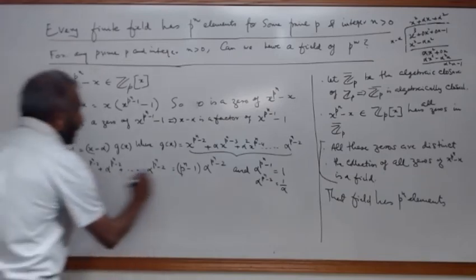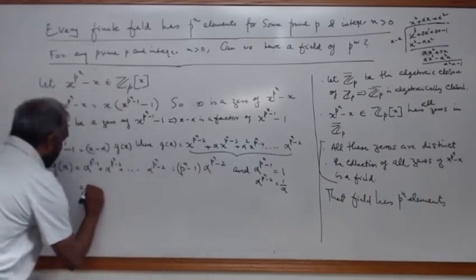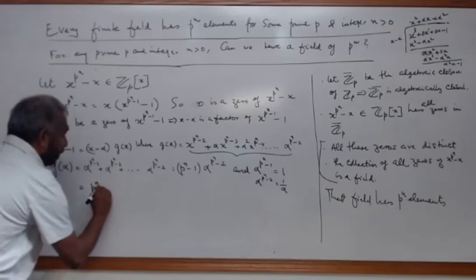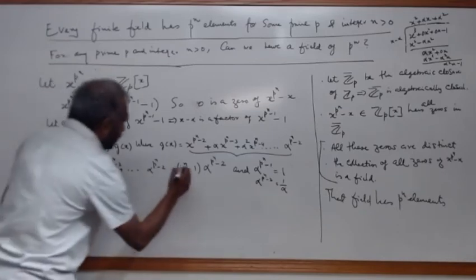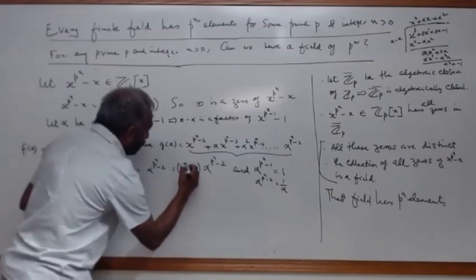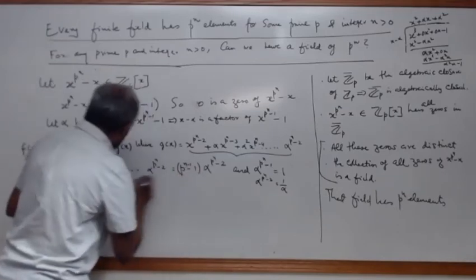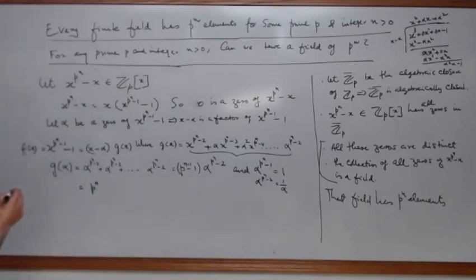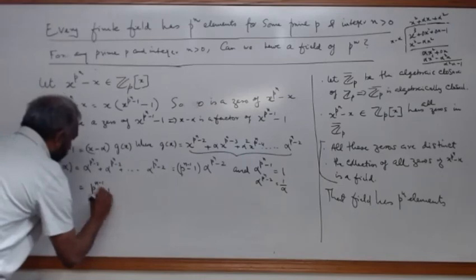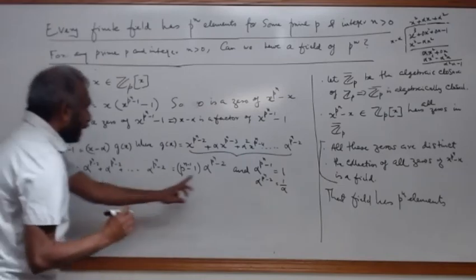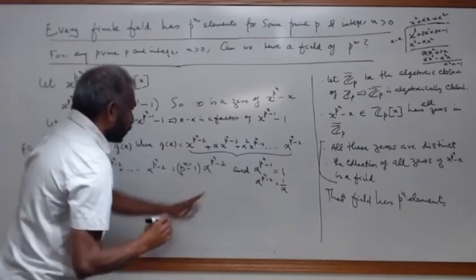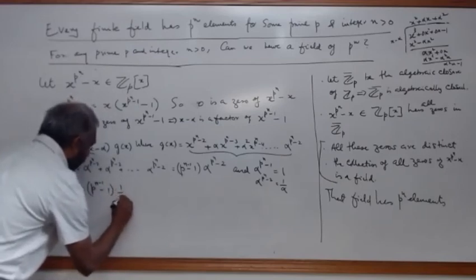So this will become p to the power of n minus 1 minus 1 times alpha to the power of p to the power of n minus 2. That is actually 1 by alpha.